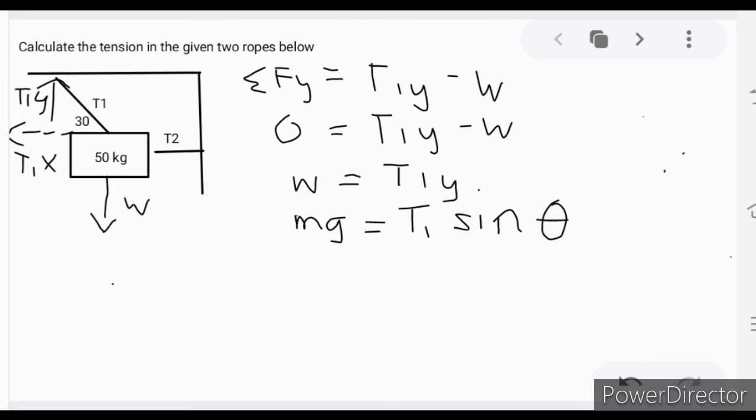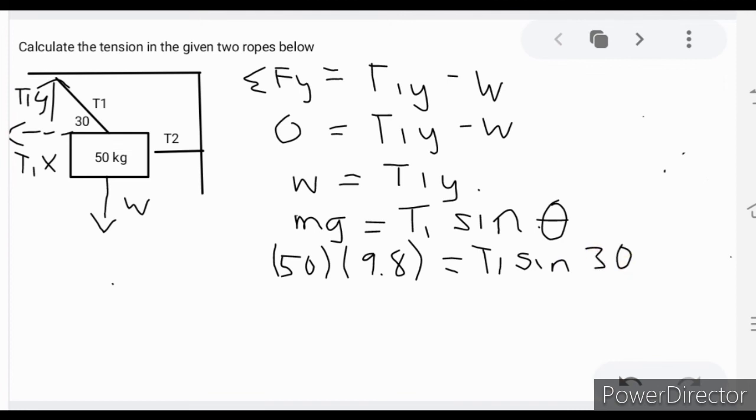Since we only have one angle, we don't need to write sub 1. So we have 50 kilograms and the gravity is 9.8 meters per second squared. The value of T sub 1 we don't know, so that is what we're looking for. Then we have the angle, sine 30.